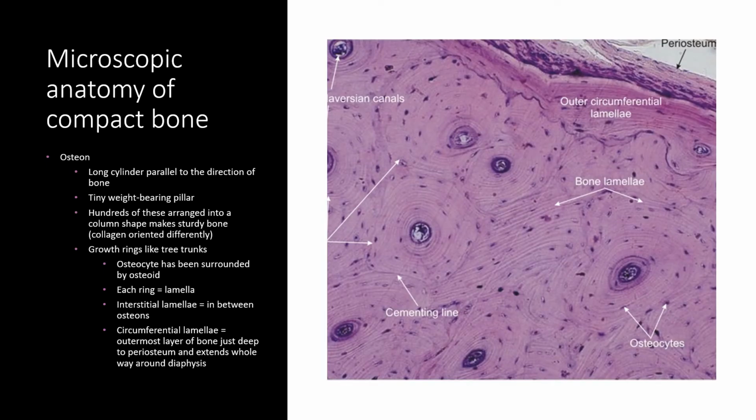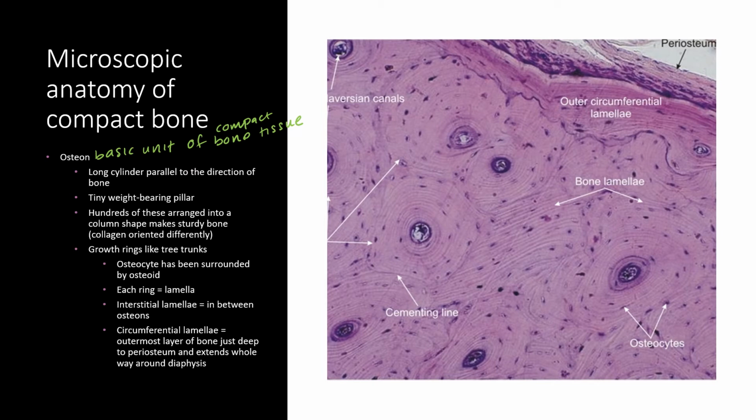So how are these organized within the compact bone? Osteocytes and bone tissue are organized into osteons. The most basic unit of compact bone tissue is the osteon.